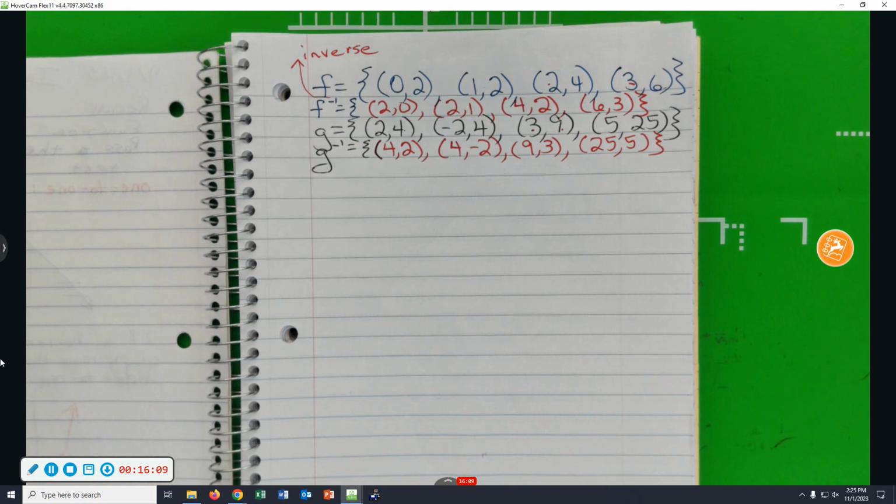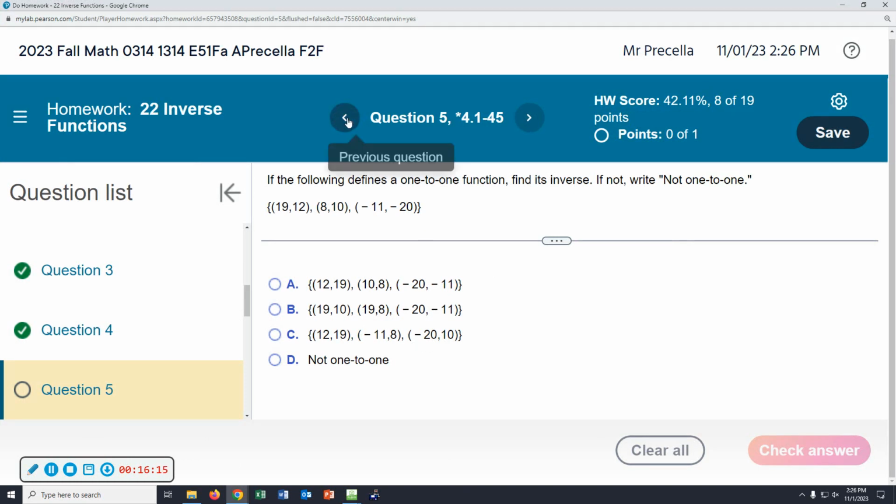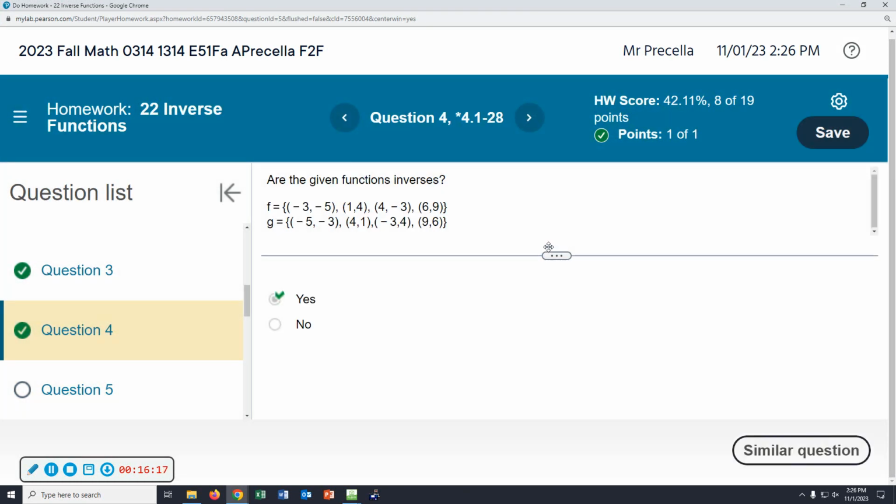So go back to that one that we just did that made me start thinking about these things. We said on number 4 that those functions are inverses. Notice, when you form the inverse, in order for the inverse to be a function, you have to have a one-to-one function to start off with.